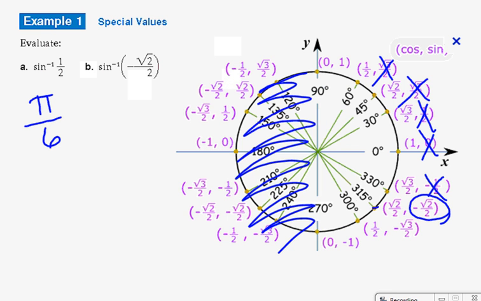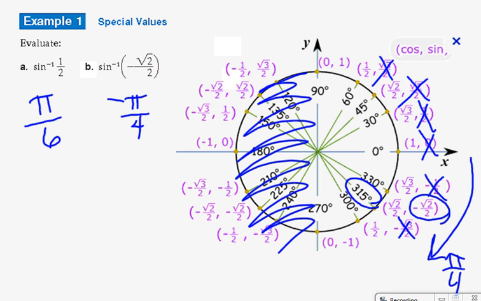Ooh, there's one. That's here. And then that doesn't count. So basically at 315 degrees, we've got negative root 2 over 2. And if I'm at that value, then that means I am backwards pi over 4, which means that I am negative pi over 4.